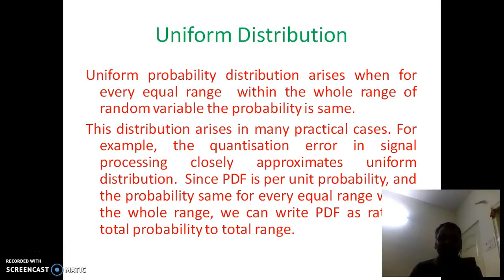For example, the quantization error in signal processing closely approximates uniform distribution. Since PDF is per unit probability and the probability is the same for every equal range within the whole range, we can write PDF as a ratio of total probability to total range.